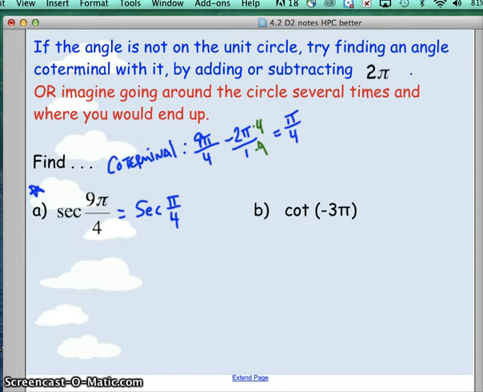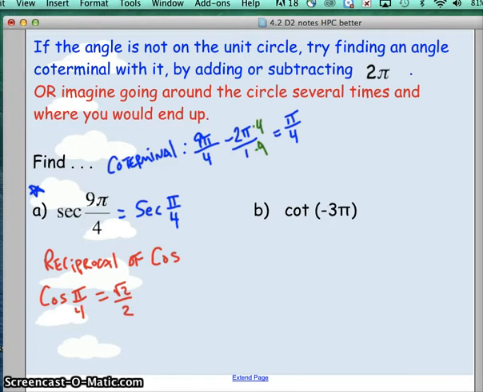Well, secant is the reciprocal of which one? Secant is the reciprocal of cosine. So if we find cosine of pi over 4, go to pi over 4. The first one listed is radical 2 over 2.